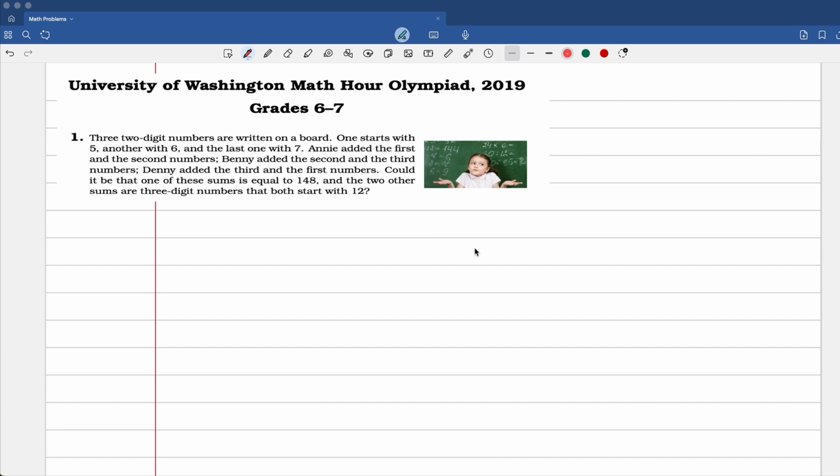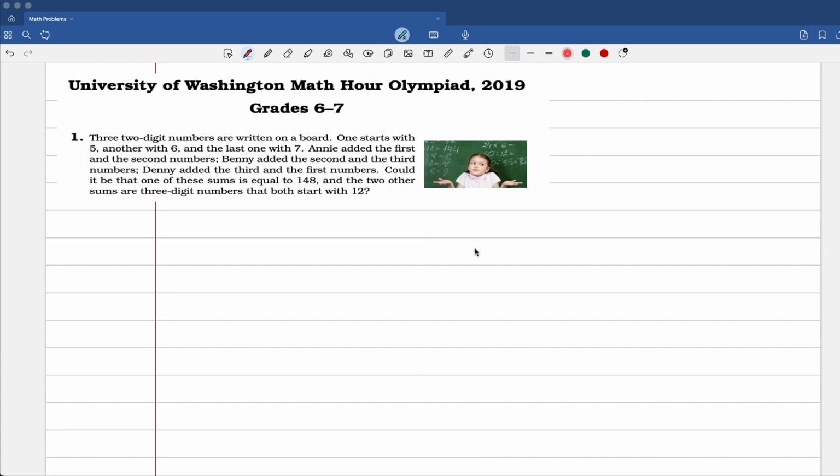So we have 3 two-digit numbers written on a board. One starts with 5, which means it's 50 something. The second one is 60 something, and the last one is 70 something. Annie, which is A first, tries to add the first and second number. Benny tries to add the second and third number, and Denny added the third and first number.